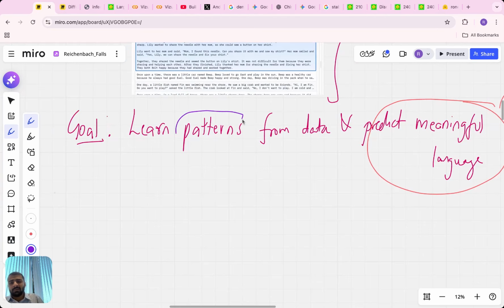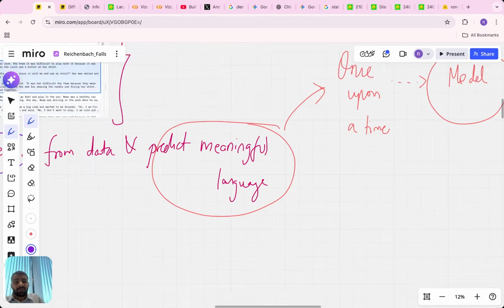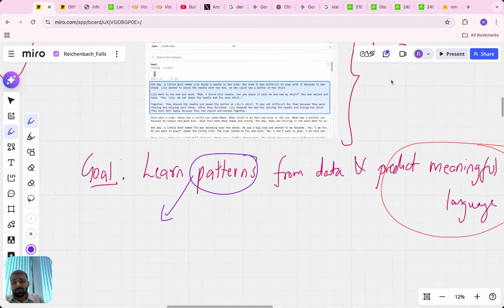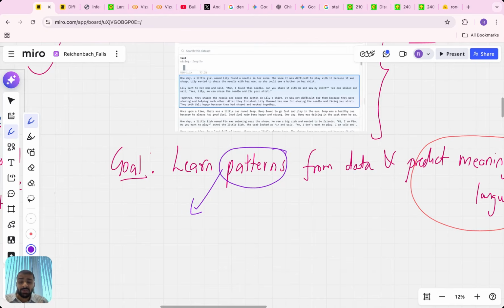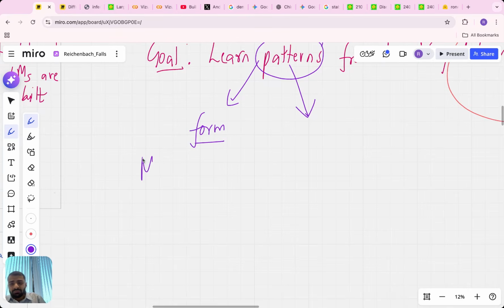And what does it mean, learn patterns from the data? Well, the model needs to understand the English language, right? It does not know anything about language. So how will it generate meaningful sentences and coherent stories if it does not understand language? Language can be split into two parts. There is grammar, which is the form of a language. The model needs to understand the correct construction of sentences. For example, English has "Mary kicked the ball," which is essentially a subject, verb, and an object.